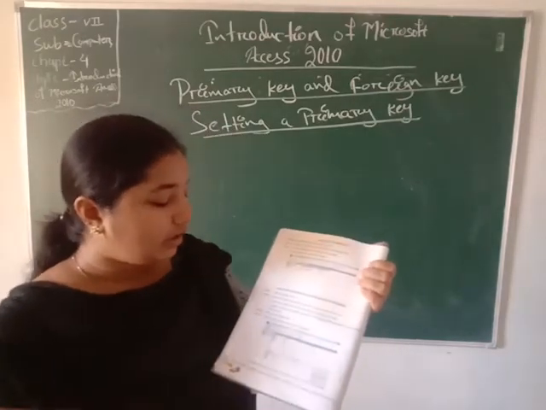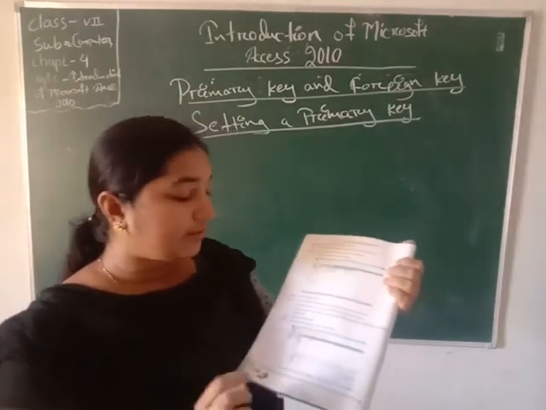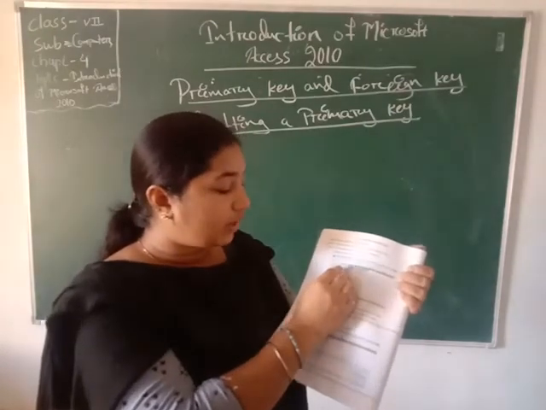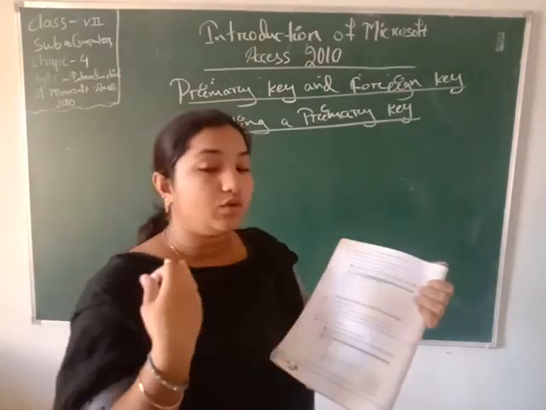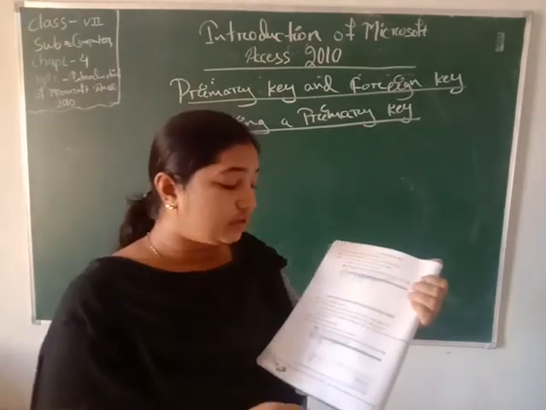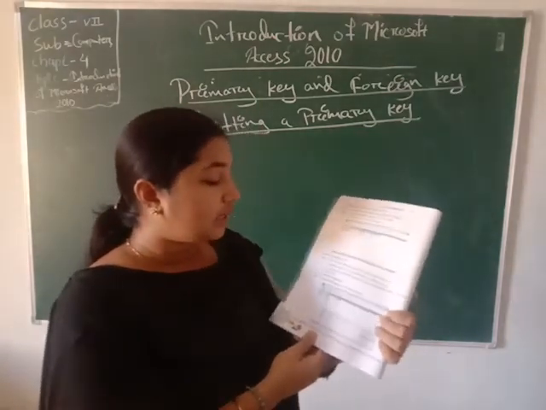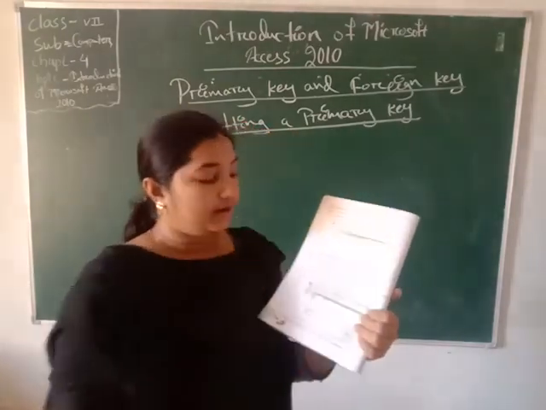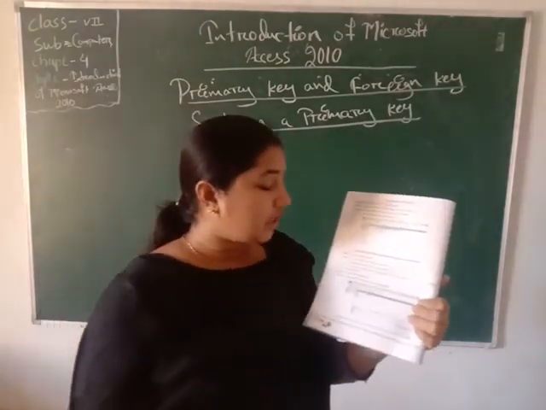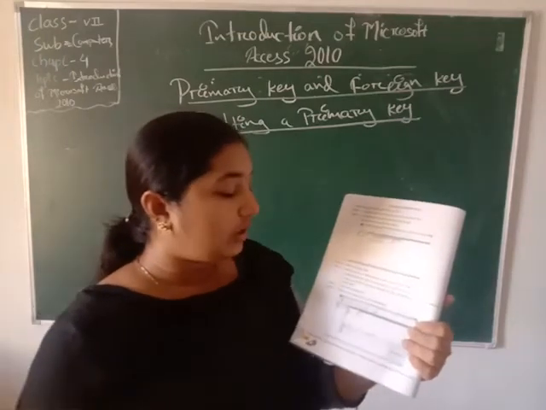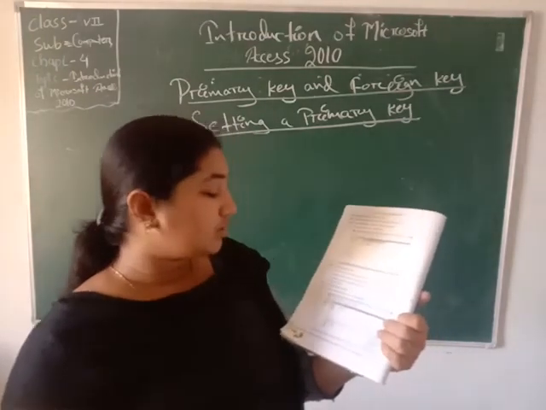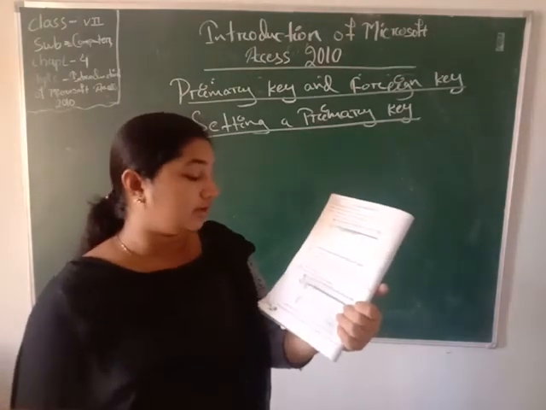Select the field or fields that you want to use as a primary key. To select one field, click on the row selector. To select more than one field, hold down the control key and then click on the row selector for each field.